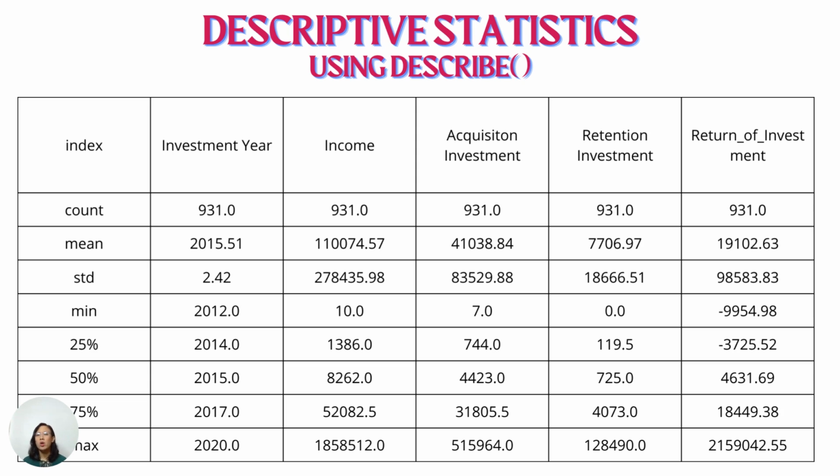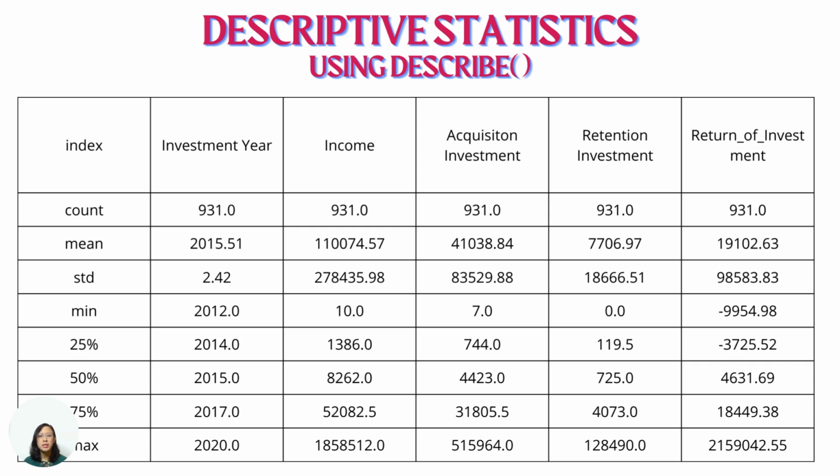Not only that, it also gives you the first quantile, the third quantile, and the median value. So 25%, 50%, 75%. From this df.describe, we can see the distribution of the data. If you look at the count, all the columns have 931 records.